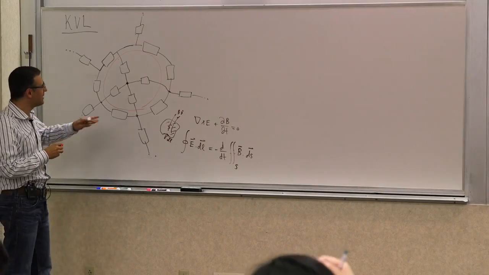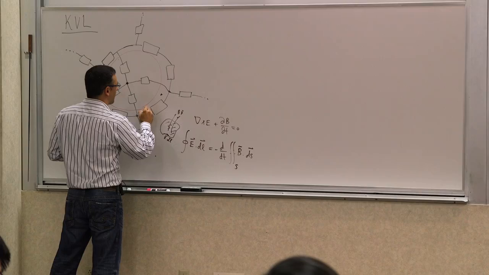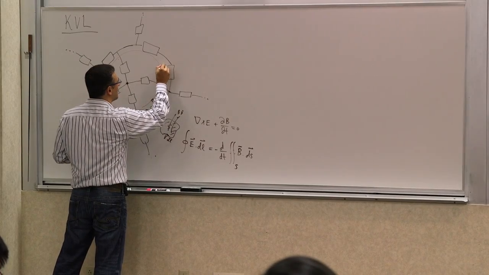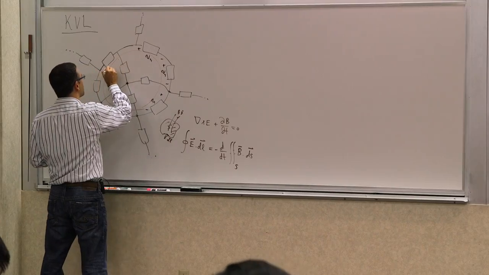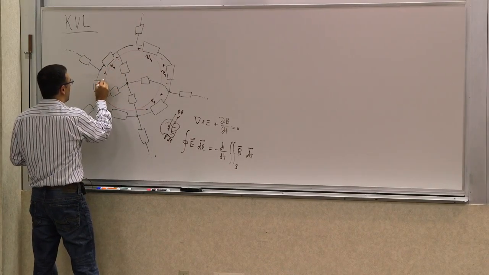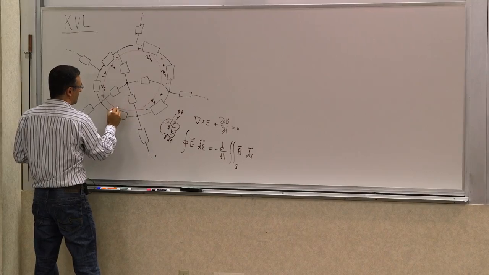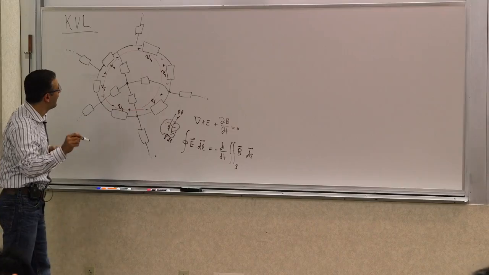It can be any closed loop. And the sum of the voltages, so let's call this V1, V2, V3. We should keep the polarities consistent, obviously, right? V4, V5, V6. Thank goodness it's over.